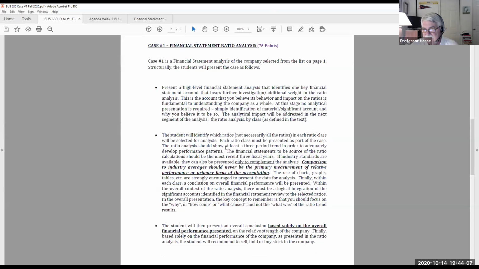The second level, the second analysis, is to identify ratios from each class of financial statement analysis, going back 3 fiscal years. And that's why I refer you to this.